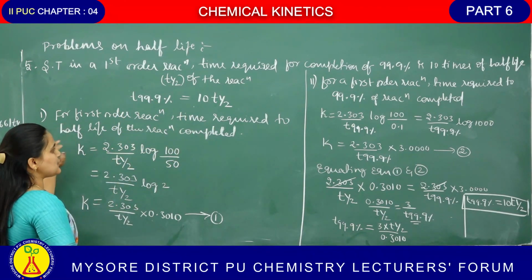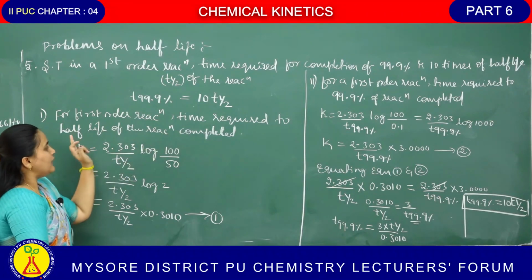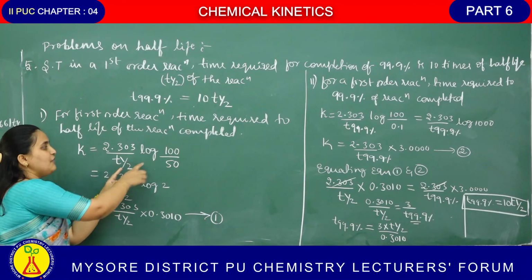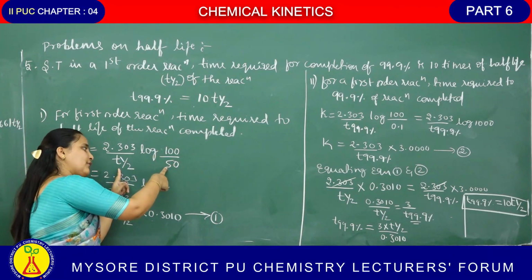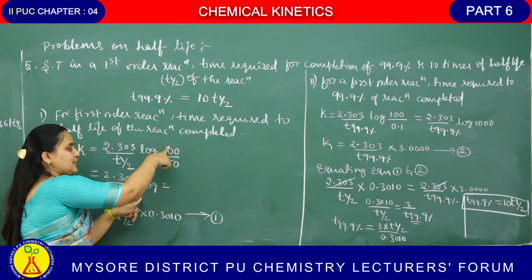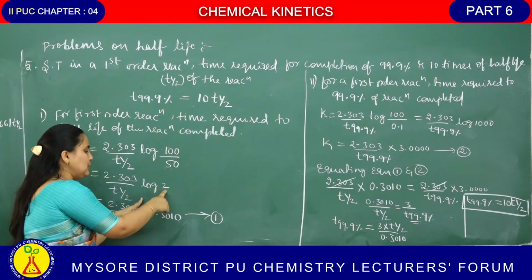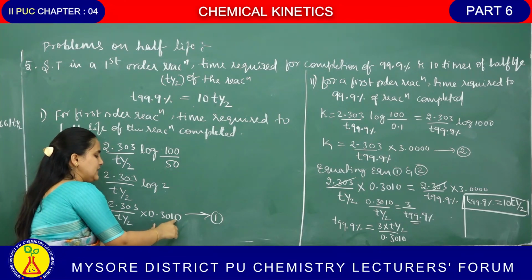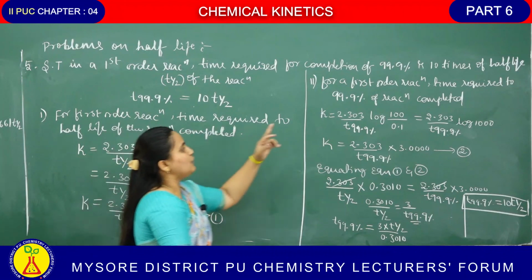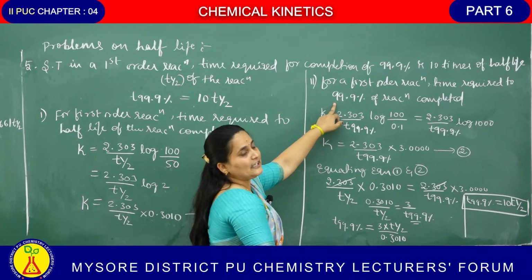For a first order reaction, time required for the half-life of the reaction is how much? t becomes t half, initially it was 100, finally 100 minus 50, we get 50. 100 divided by 50 means 2. Log 2 value is 0.3010. This equation is named as equation 1. Next we have to find out the t 99.9%.